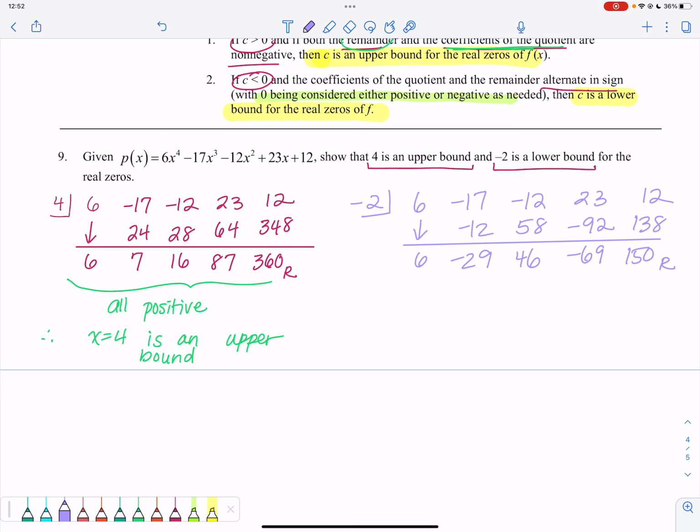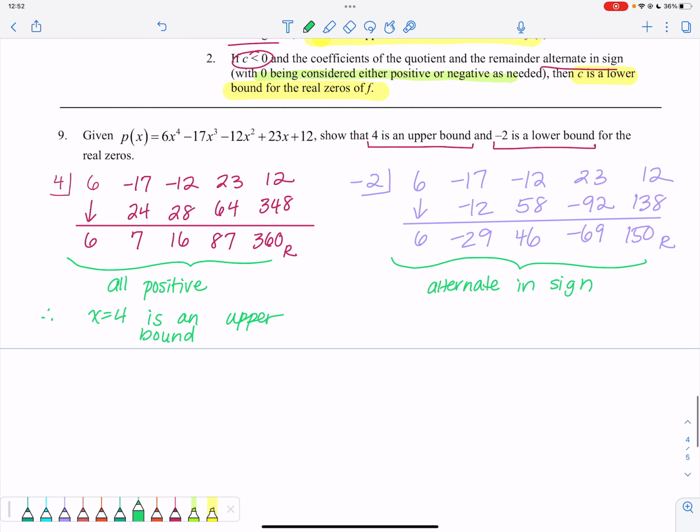Now, what did you notice here? All of these alternate. Okay, so therefore, x equal to negative 2 is a lower bound.